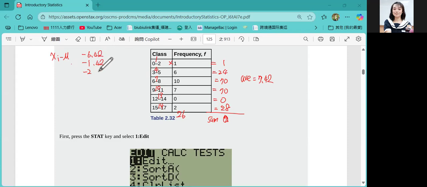And this will be 10 minus 7.42, it's 2.58. And the 7 minus 7.42.